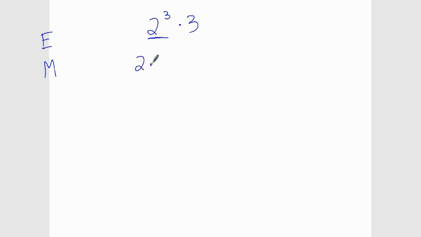So this would be 2 times 2 times 2. To take the 2 times 3 before we take the exponent would be saying each 2 is getting multiplied by 3, when in reality, if I wanted to expand this and do that first, I'm only multiplying one of the 2's by 3. And so we have to deal with the repeated pattern before we deal with the little bit left over at the end.